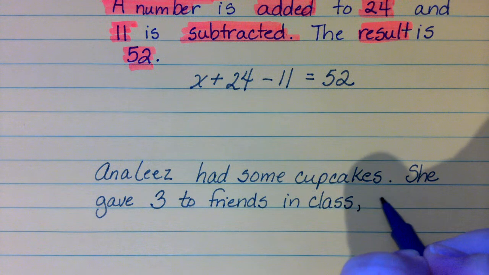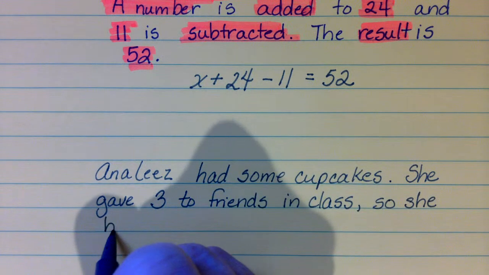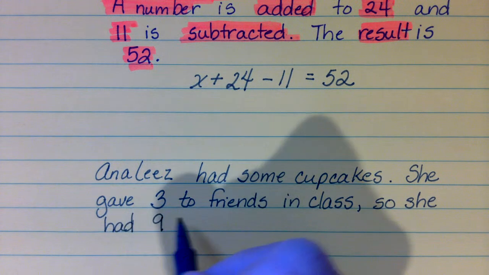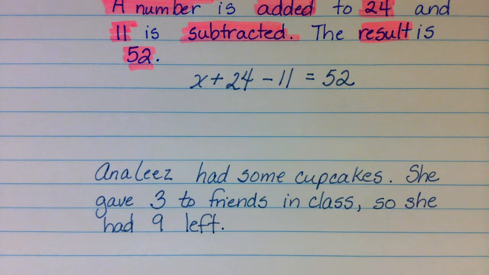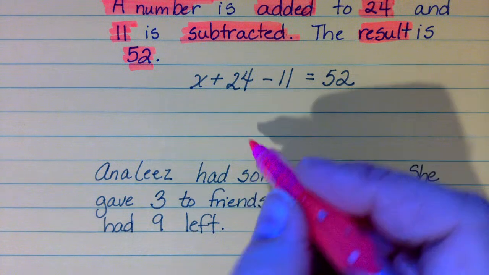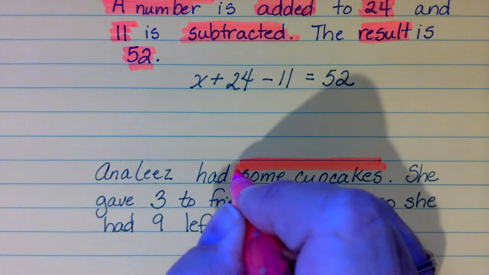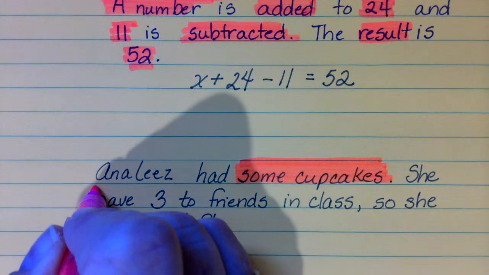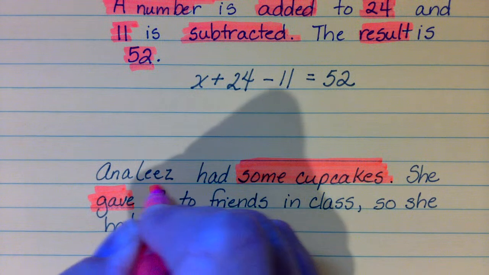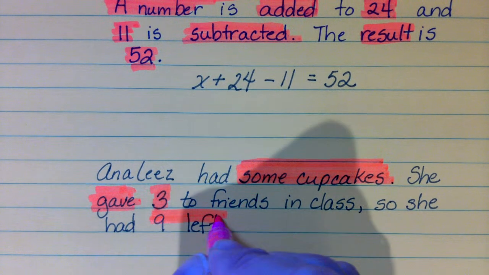So she had 9 left. Okay? When we look at this, we know that Annalise had some cupcakes. We don't know how many cupcakes Annalise had, but we know she had some. She gave 3 away, and she had 9 left over.